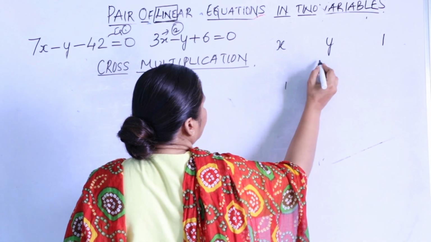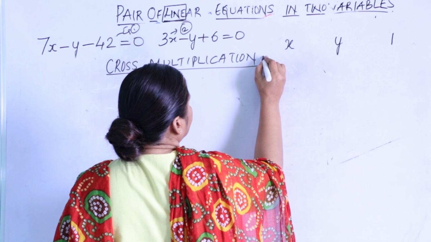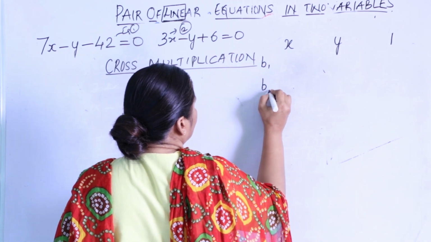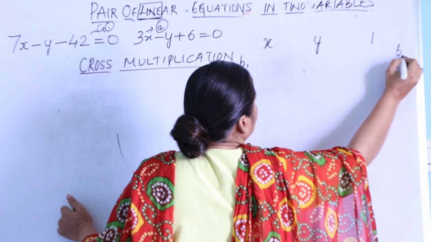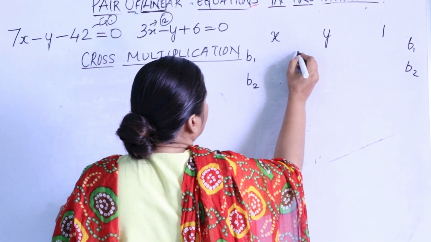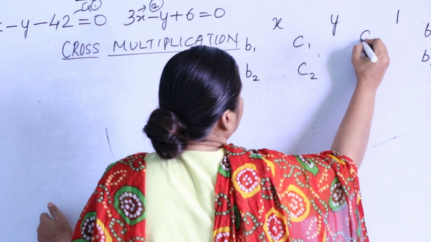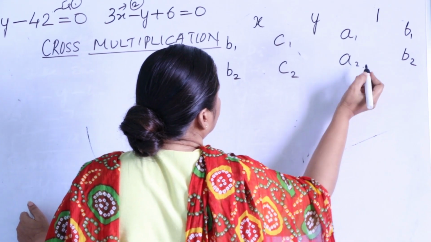So here in the borders, we will keep the borders ready. B1, B2, B1, B2. In between these two, first we will take C1, C2, then we will take A1, A2.